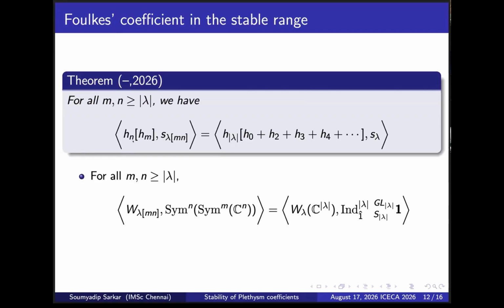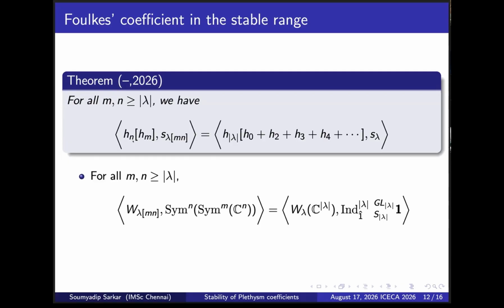So what is this stable restriction coefficient? Let me recall. You fix a shape lambda, and you take your m and n to be large enough, precisely greater than or equal to mod lambda. Then the multiplicity of S lambda padded Mn in the plethysm Hn Hm is the same as the multiplicity of S lambda in the expansion of H mod lambda plethysm with H0, H2, H3, H4, and H1 is missing.